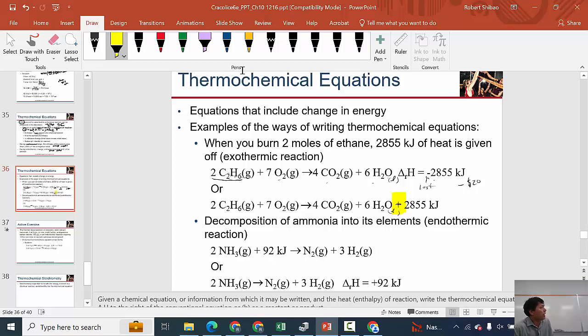So this is what the reaction is giving to the surroundings. So when you burn the ethane and the oxygen, you're going to produce CO2 and water. And so you're giving CO2 and water to the earth here by burning the ethane.